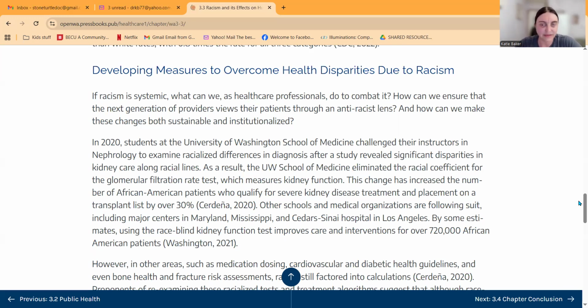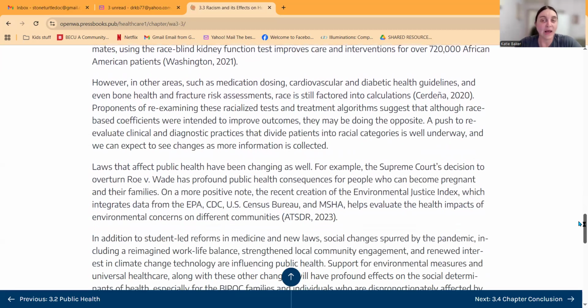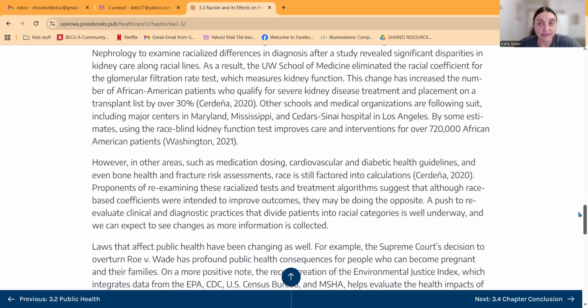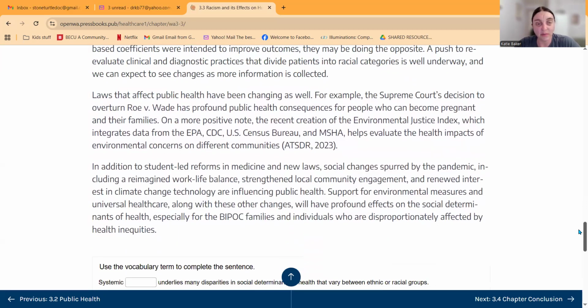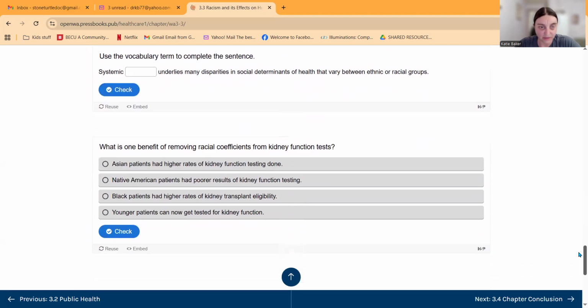This was not something that a research scientist or someone who's been teaching for 40 years was pushing. This is something that our students themselves were actually doing. So I think that's really important to look at student-led reform and things that have changed since the pandemic when we're looking at our social determinants of health.